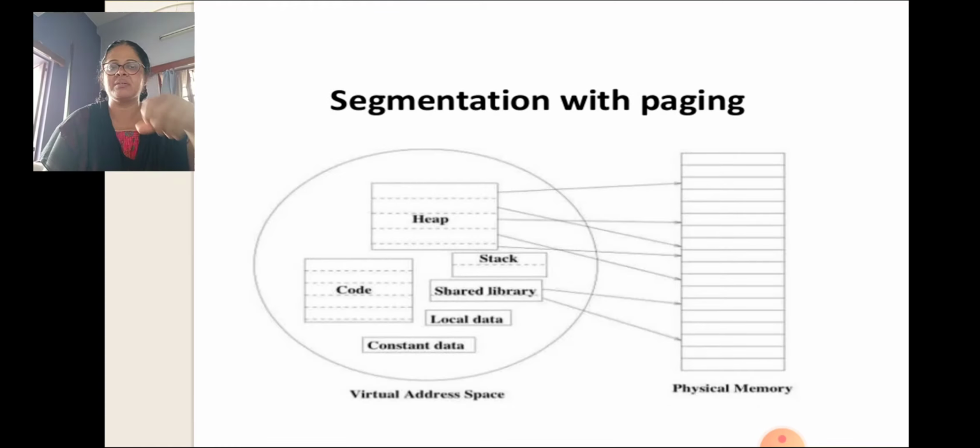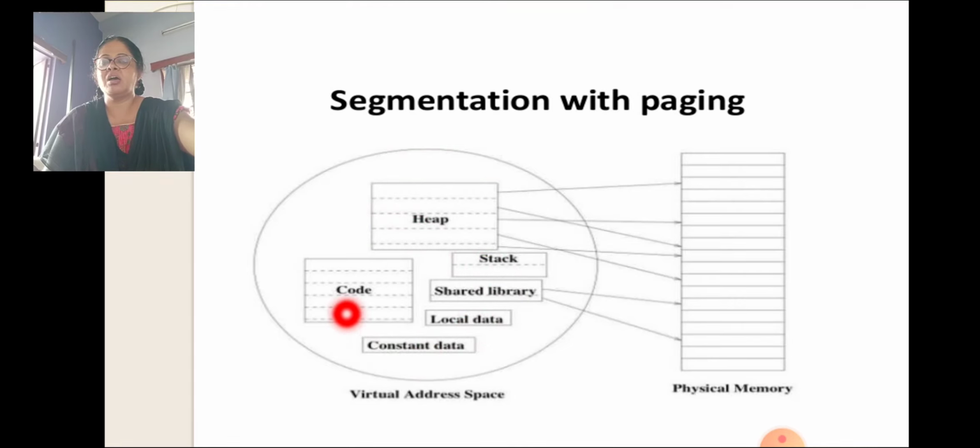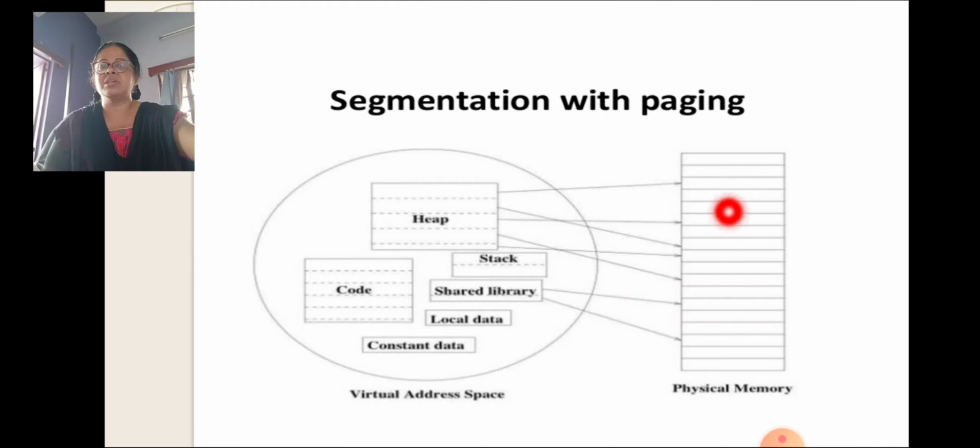This is the diagram. Now we can see the virtual address space. In the virtual address space, the heap, stack, shared library, local data, constant data, and code are there, and then there is the physical memory space. So this is called segmentation, although the segments may be of unequal size.